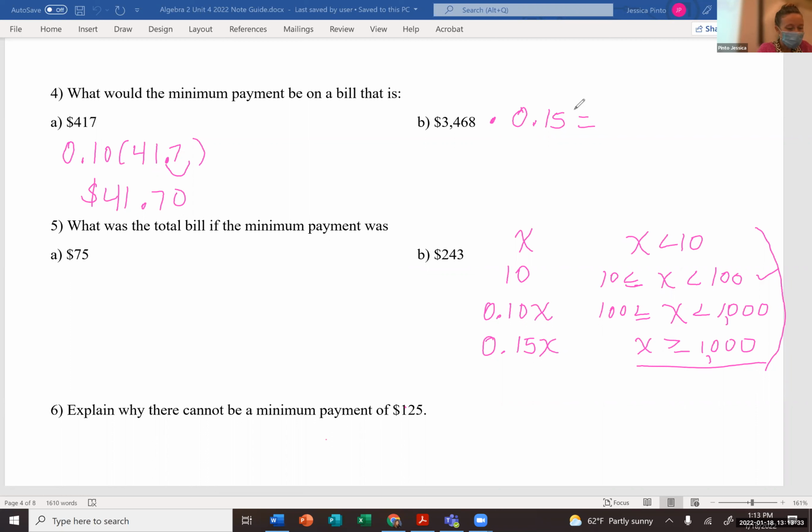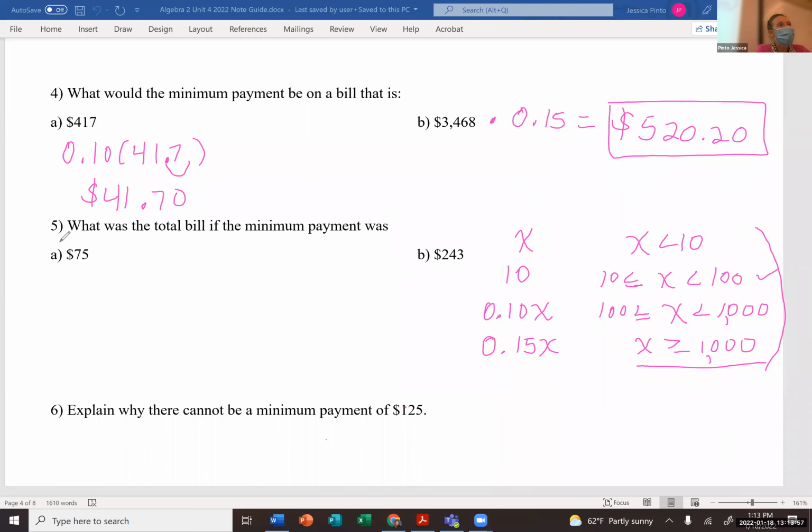So 0.15. I got 520.2, 520 dollars and 20 cents. So very cool.